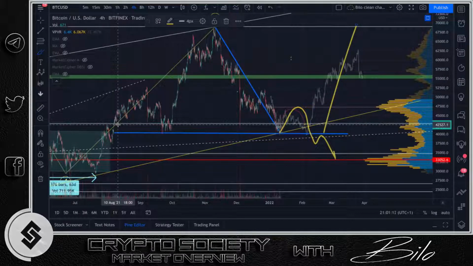The last inflation reading we got is about 7 point something, where the expected was supposed to be 4 point something. So taking that into account, I don't think they would be able to raise interest rates enough to curb inflation. The whole point of raising interest is to curb inflation, and if that doesn't happen, that doesn't strengthen the dollar. So that again reflects on Bitcoin.